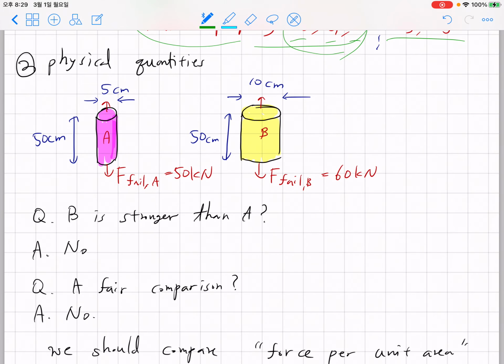Okay, so as a second topic, I gave you one table summary of the difference between ME231 and freshman physics. Regarding the object and the loading modes, we already had a discussion. So let's move on to the physical quantities. Before talking about the definition of physical quantities, let me open up this discussion. I want to discuss the necessity of defining so-called stress and so-called strain.